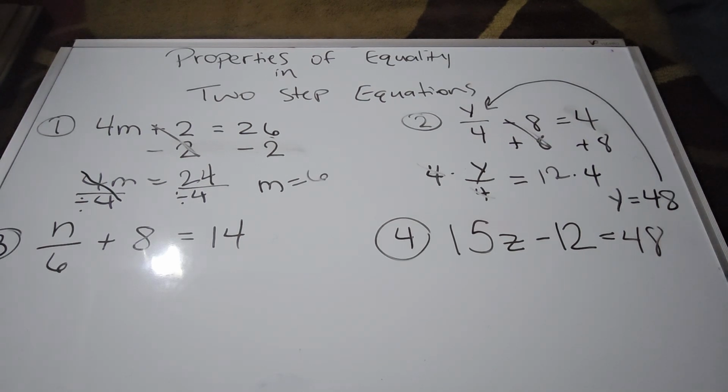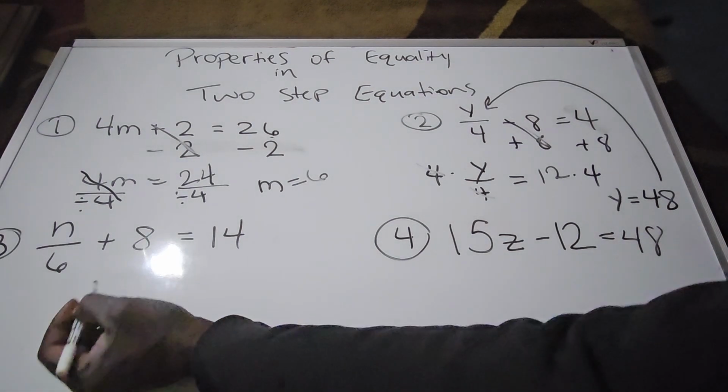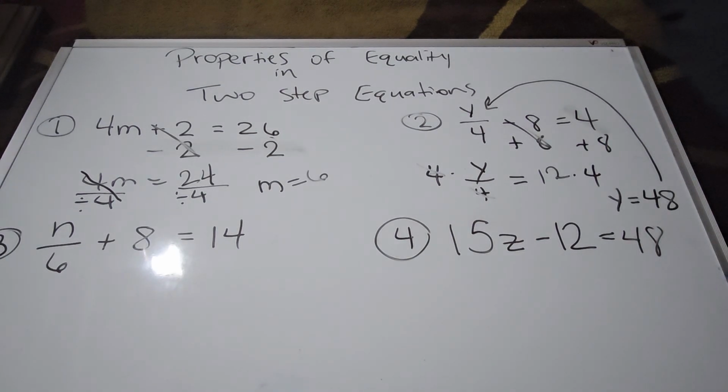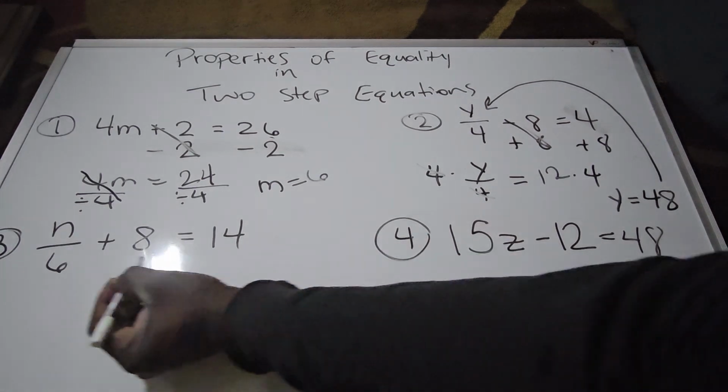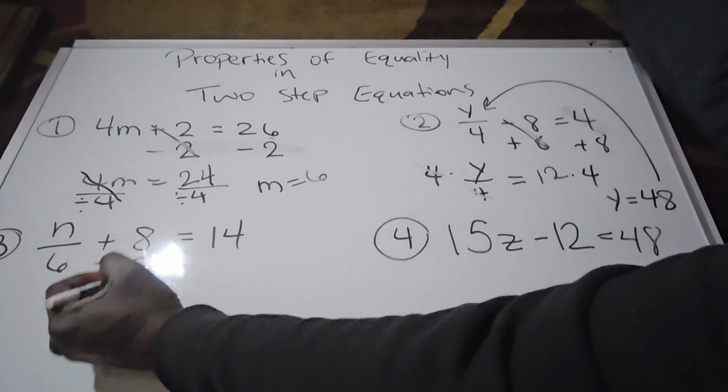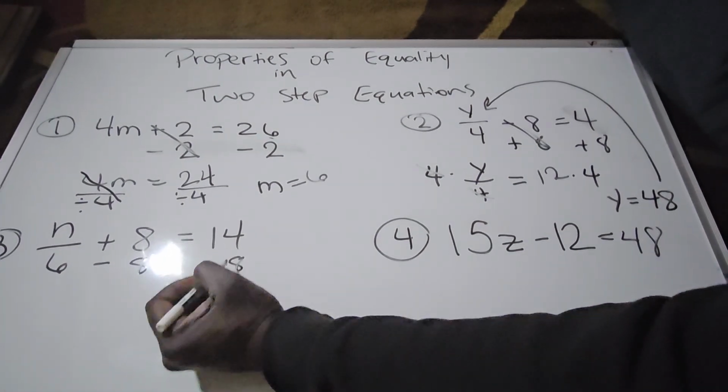All right. Now, on number 3, remember, we have n divided by 6 plus 8 equals 14. Remember, on the first step of this equation, we have to get n divided by 6 by itself. Now, how do we get that by itself? Yes, we're going to subtract 8 on both sides.